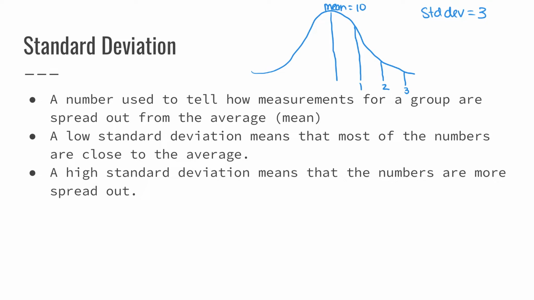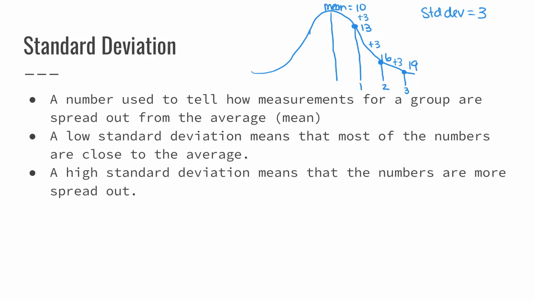To get those amounts on the right side, you just add 3. So this would be at 13. 2 standard deviations would be adding 3 twice, so that would be 16. And 3 standard deviations would be adding 3 three times, so this would be at 19.